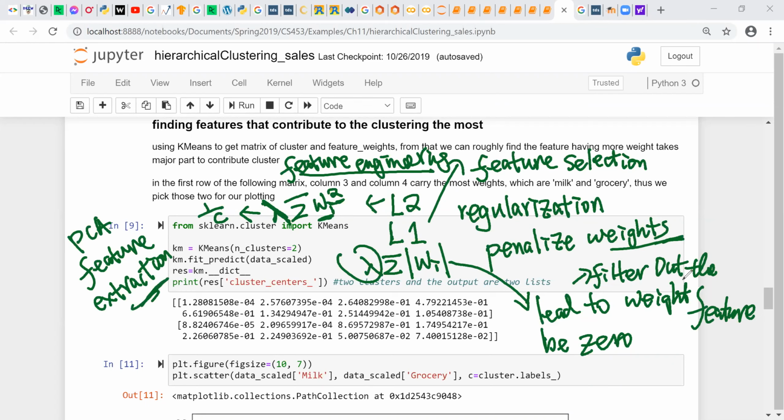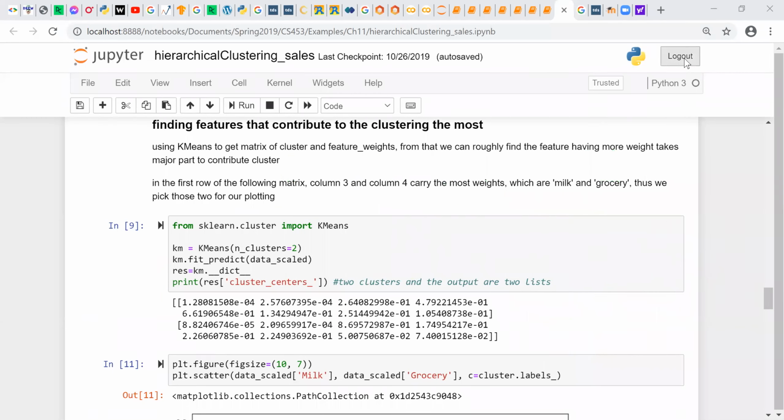And if a weight is too small or 0 and you filter that feature out, we call that feature selection. Besides the feature importance attribute that you can collect from sklearn, we can also use L1 to do feature selection.